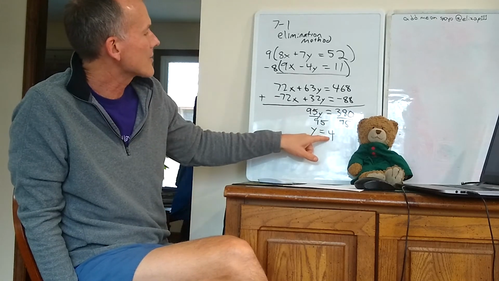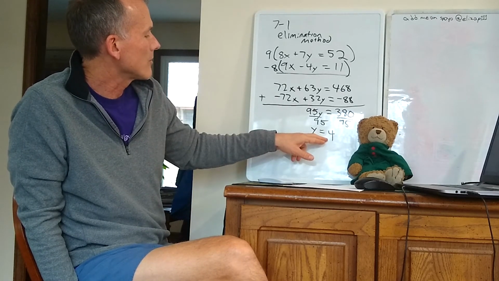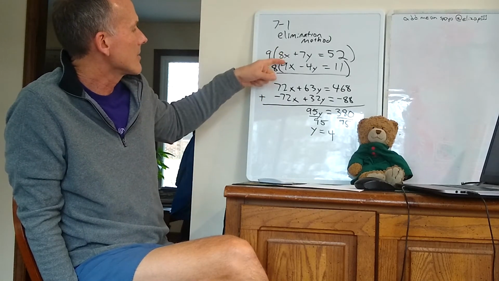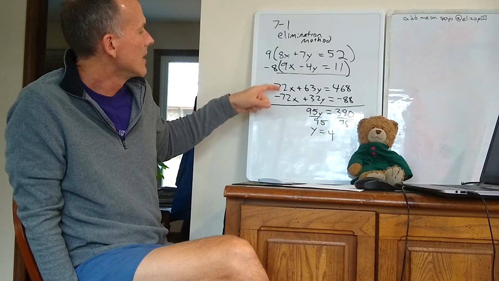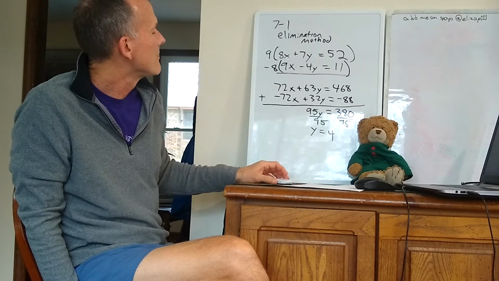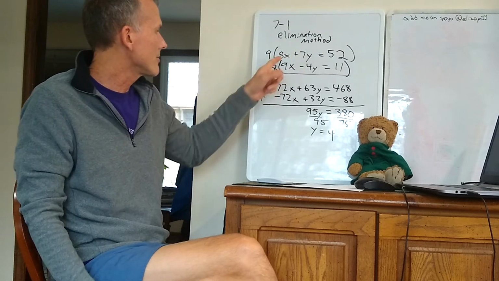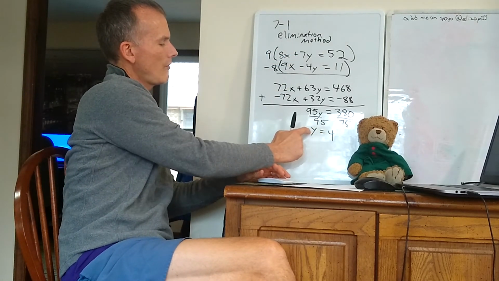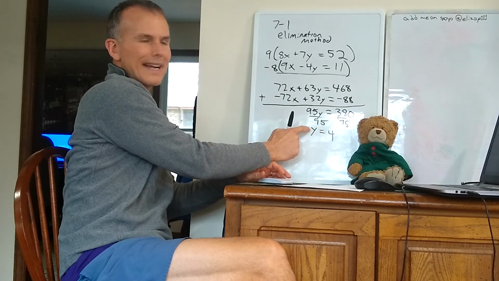So since I know y is 4, I can substitute that number 4 back into one of the equations. I've got 4 equations to choose from. I can use either of the two original equations, or I can use either of these two equations that I created myself. I'm going to use one of the original two. In fact, maybe I'll just use that first one. So I'm substituting 4 in for y, since y is 4.